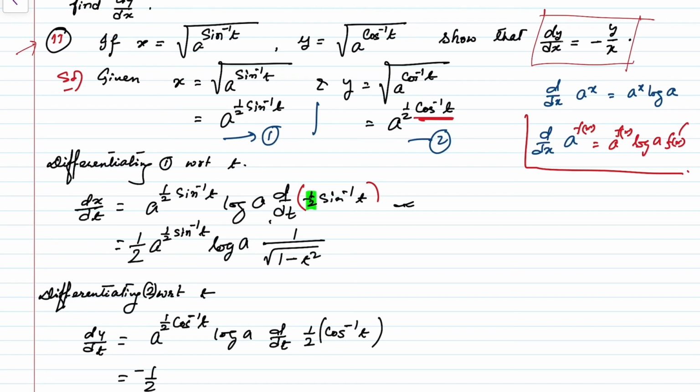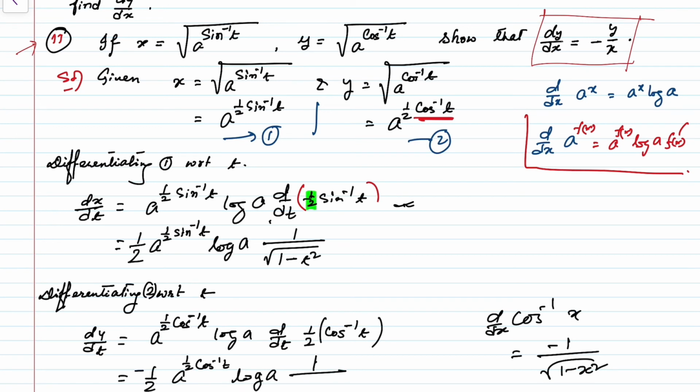Okay, because derivative d/dx of cos inverse x is going to be equal to minus 1 by root over 1 minus x square. So here a to the power 1 by 2 cos inverse t log a, and it is 1 by root over 1 minus t square. So this minus is written here, this one before half.